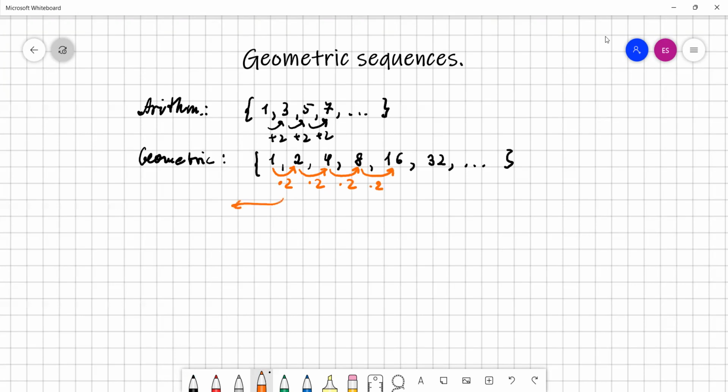This same number is called the common ratio. We are going to use the letter R for it. And this is the first term as usual. So how do we get term number 2? Term number 2 is term number 1. I'm just going to label it as A, okay?